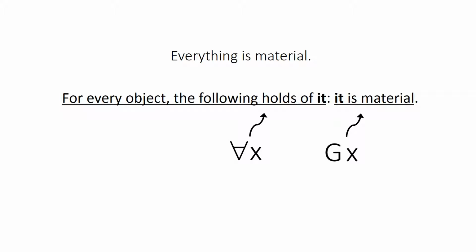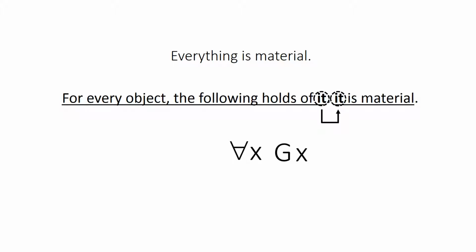And then on the right, the little describing part, we'll use a predicate letter, say G, to translate is material. And again, we're using X to stand for that little pronoun it. We noticed before that those two occurrences of it in the English sentence link up. For every object the following holds of it.